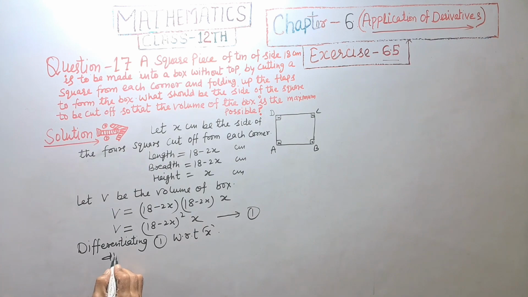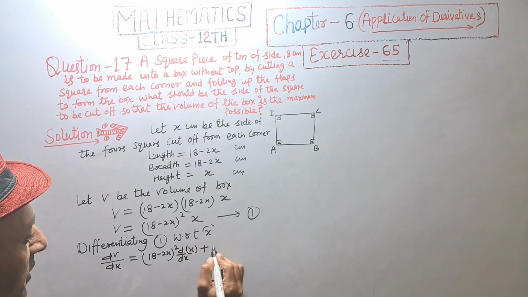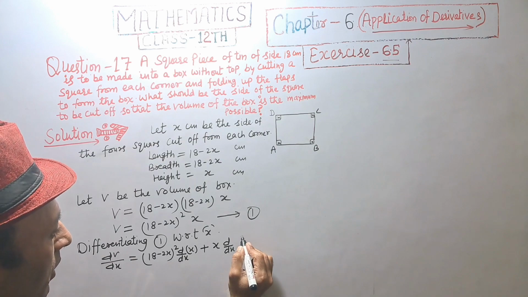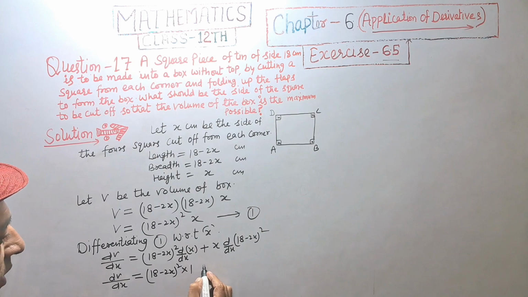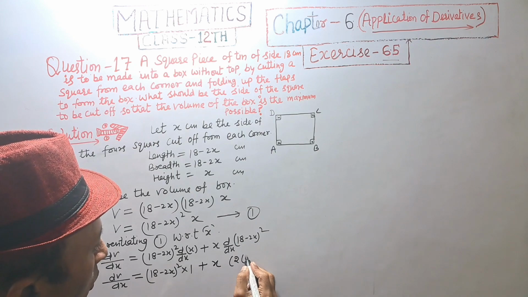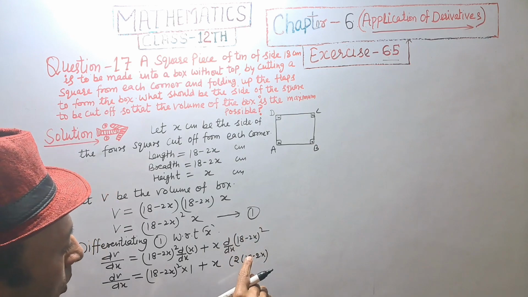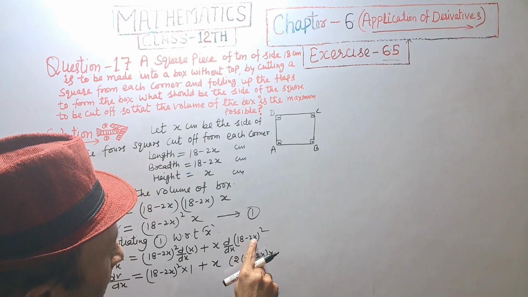We get dV upon dx is equal to first function as it is, (18 minus 2x) raised to power 2, into derivative of x, which is 1, plus x as it is into derivative of (18 minus 2x) squared, that is 2 into (18 minus 2x) raised to power 2 minus 1, into derivative of 18 minus 2x.